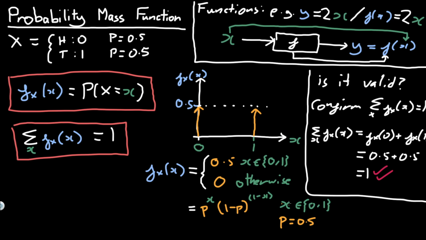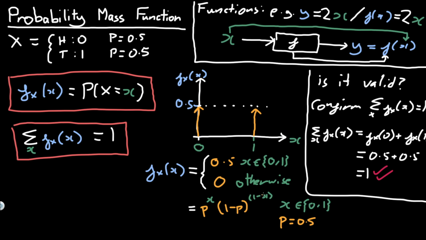So we know that the inputs here can either be 0 or 1, right? So let's first take the case when x is 0. Well, if x is 0, we get p to the power of 0, and anything to the power of 0 is 1, so that term becomes redundant, and we only have to concentrate on this residual term here.